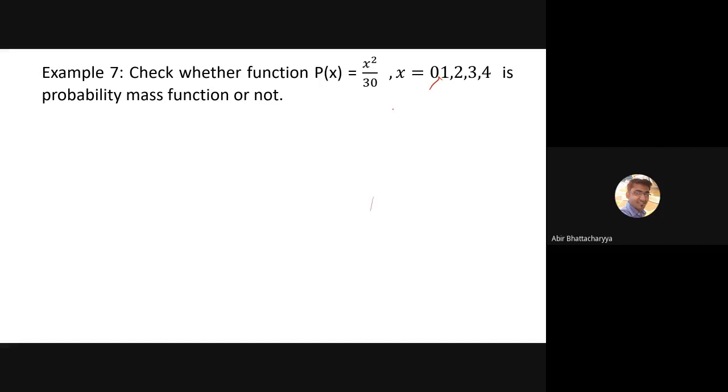Check it and let me know quickly. Also write down your answer with justification. If it is a PMF, why? If it is not a PMF, why?